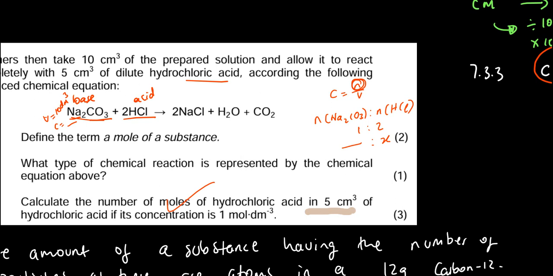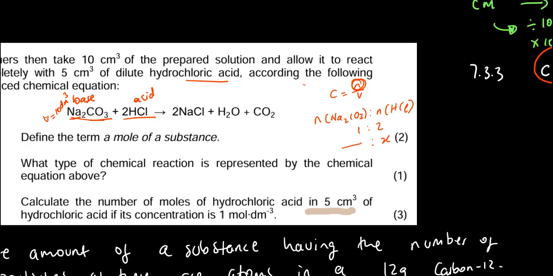But the problem with this three-step method is that for sodium carbonate, we were not given two things. We were only given its volume, which is 10 centimeter cubed.